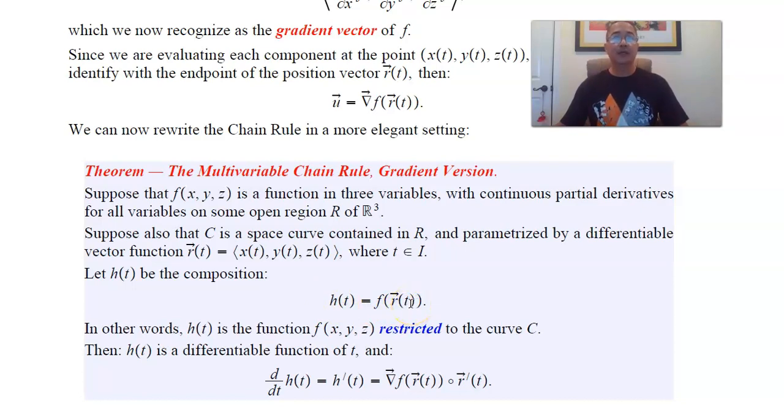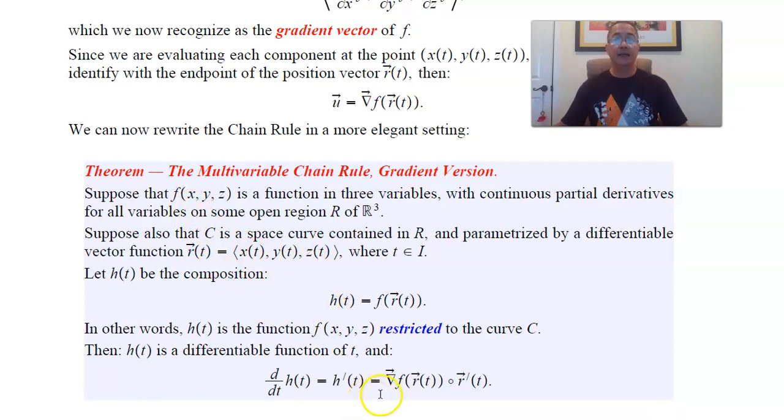So if these functions are also differentiable, then your composition h of t is also differentiable. And furthermore, how do you find the derivative? You take the gradient of your function, and then you plug in the parametrization. So you take the 3 partial derivatives of your function with respect to x, y, and z, and after you do that, you plug in x, y, and z from your parametrization.